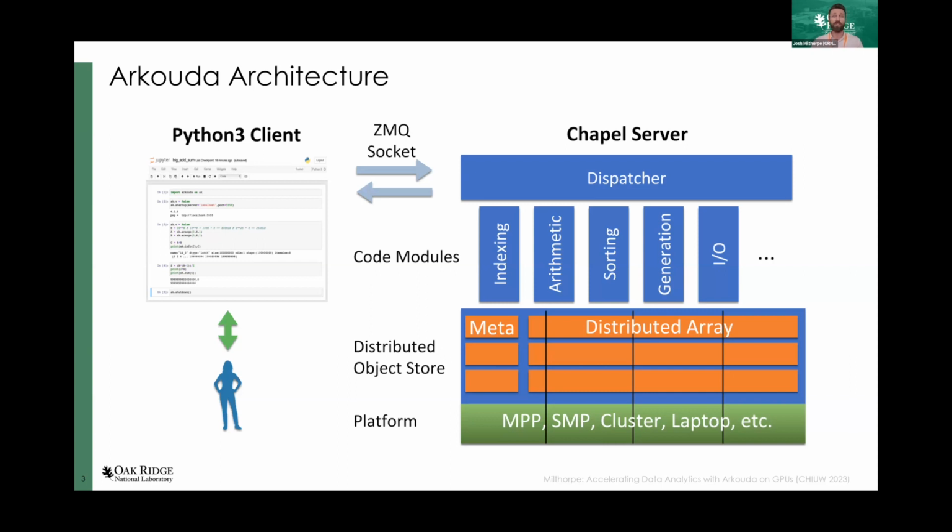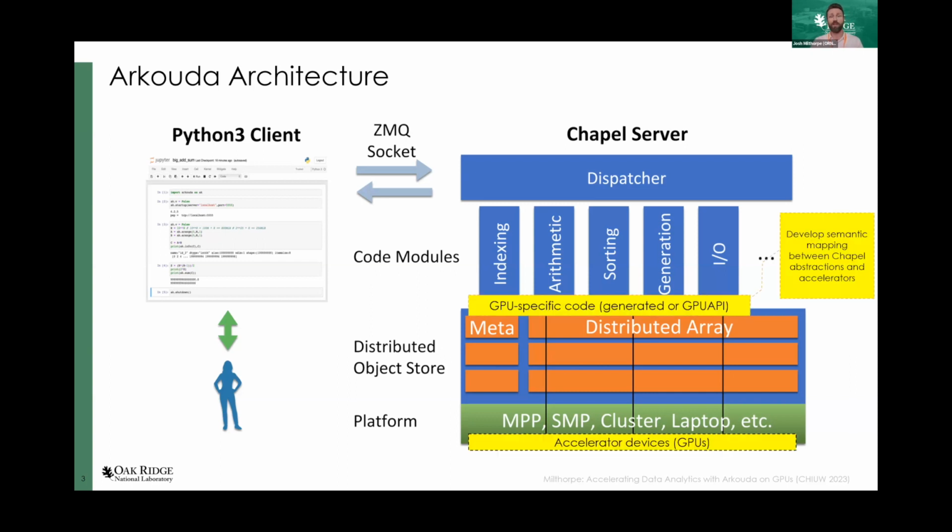And so we're not looking to change the Python client in any way. What we're looking to do here is add some GPU-specific code to the implementations of Arkouda operations so that we can map them down to run on the accelerated devices we've got available.